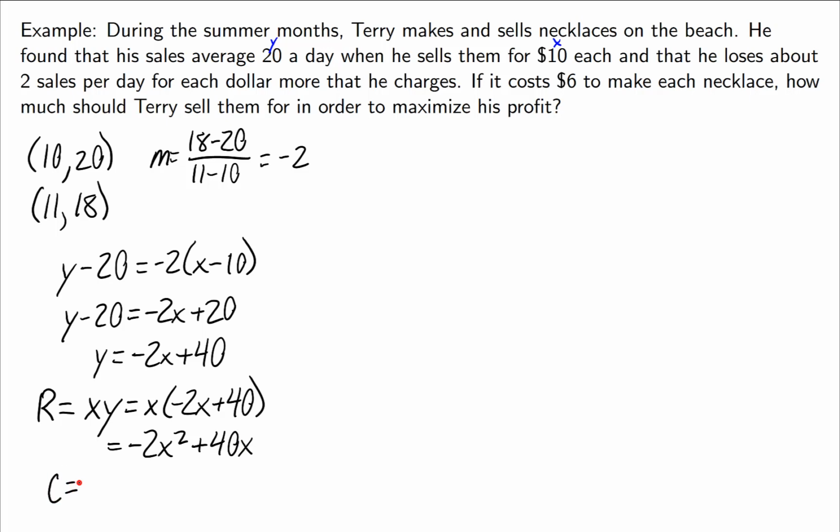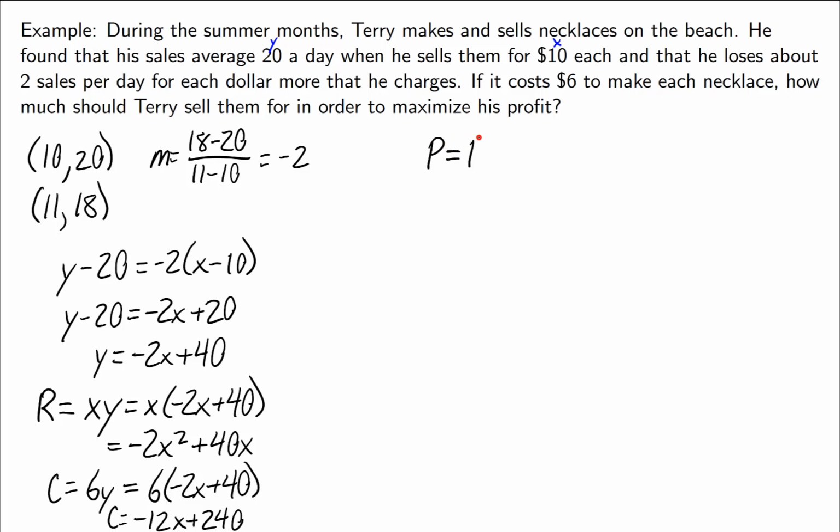It costs him $6 to make each necklace, and he's selling y necklaces a day, so we can plug the y function back in, say -2x + 40, and get that the cost is equal to -12x + 240. Finally, we can generate our profit function.